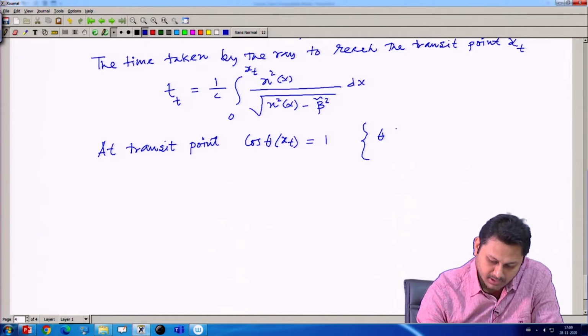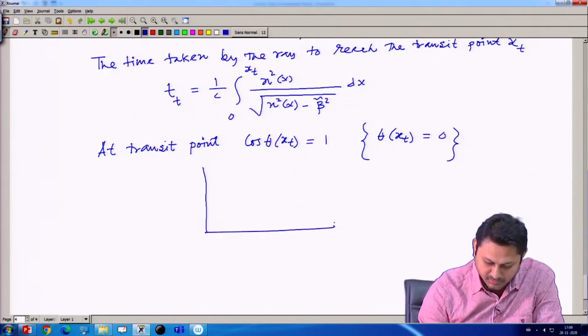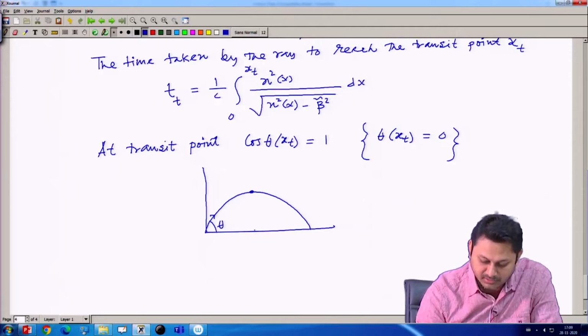Because theta at the transit point is equal to 0. This is the structure we had, and exactly at this point, theta is the angle the ray makes with respect to the z axis.